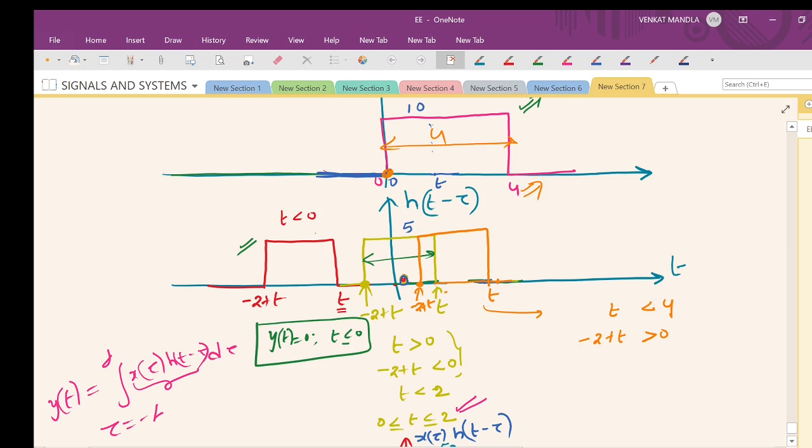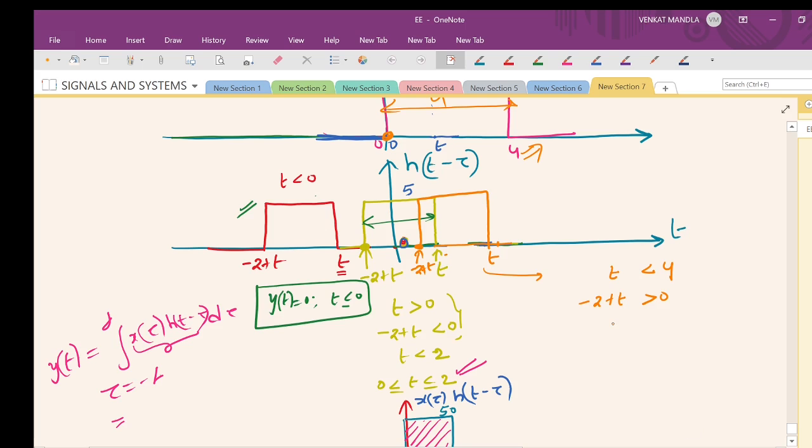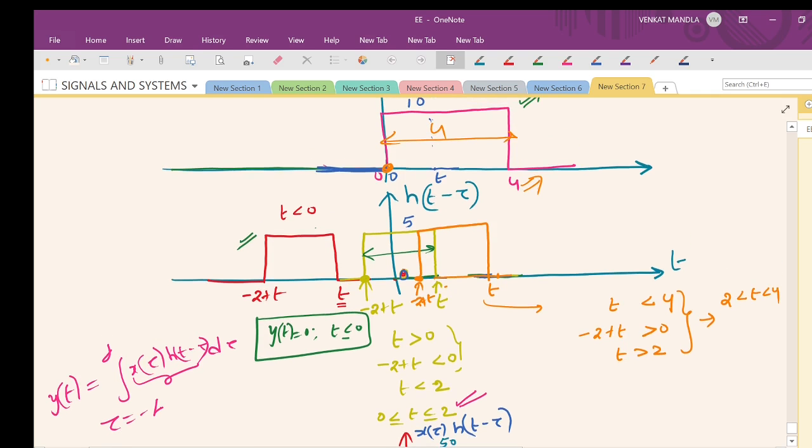Okay, this is the 0, then only this entire signal will fit inside this x(tau). Okay, now the limits are t greater than 2, that is, 2 less than t less than 4. This is one more case, 2 to 4.